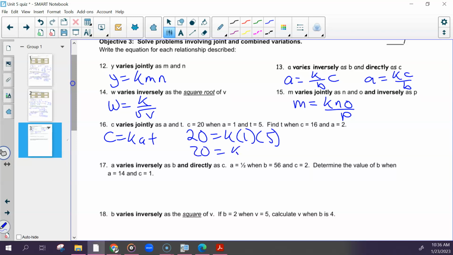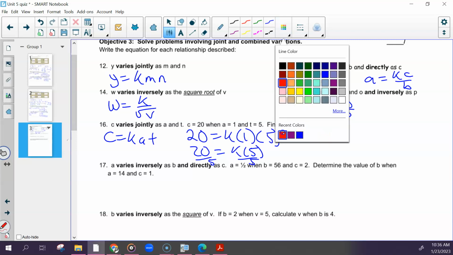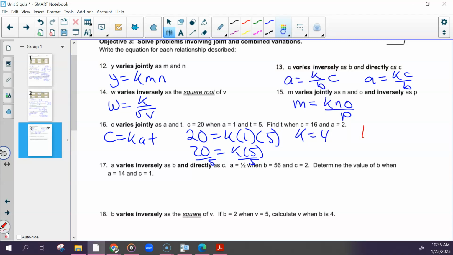So 20 equals K times 5. Divide both sides by 5. So K equals 4. After you have that, then you can put that in with your other numbers and find the missing variable, which was T. So 16 equals 4 times 2 times T. Multiply those and solve for T. So 16 equals 8T.